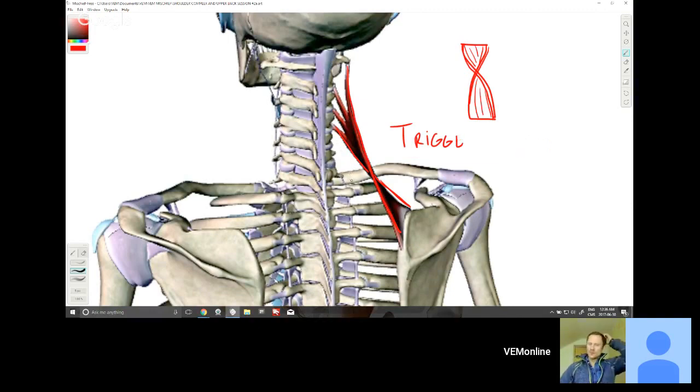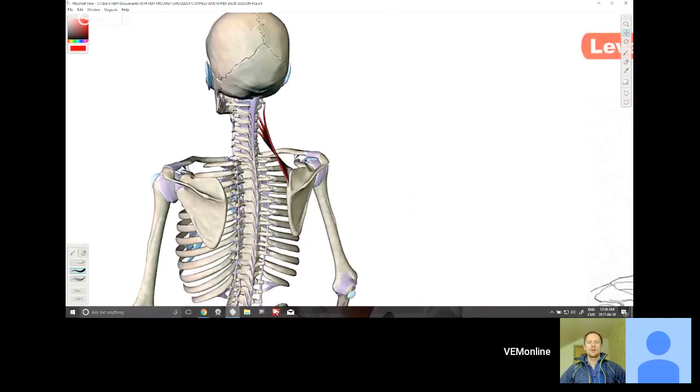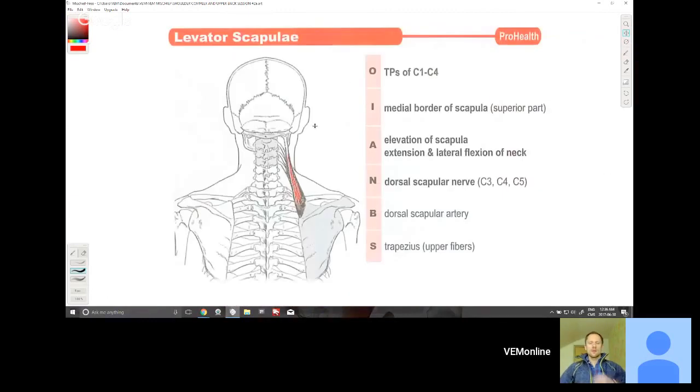So levator scapula. Let's take a look at the attachments. Let's use Nikita Vizhnek's image first, in case you want to write it down. Once again, origin red, insertion blue, action green.